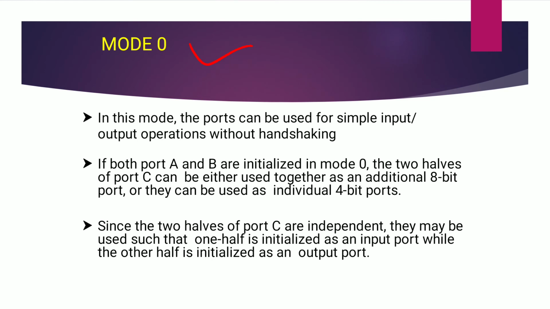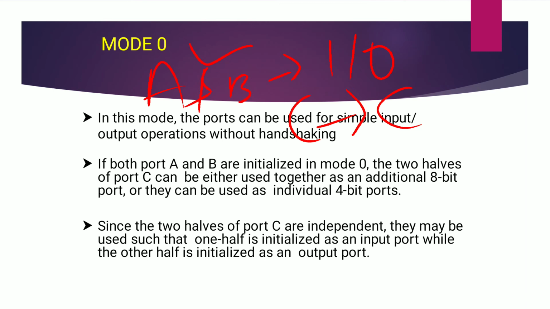In mode 0, port A and port B can be used as IO ports, and port C is used as control word. If both port A and port B are initialized in mode 0, the two halves of port C can be either used together as an additional 8-bit port, or they can be used as individual 4-bit ports.